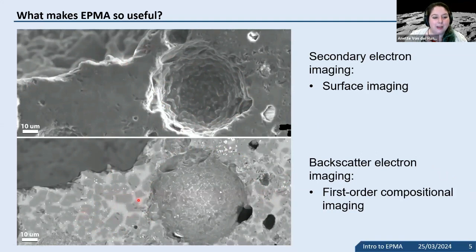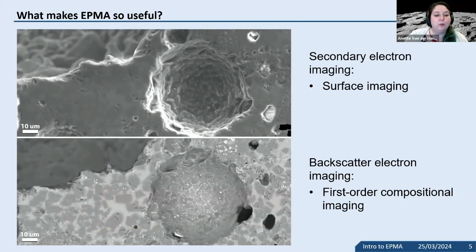Whereas in the backscatter electron image, you can see little crystallites in a matrix, and darker colors are a sign of dominantly light elements, whereas bright colors are usually directly connected with high Z elements, high iron or high chromium, or any of these elements.